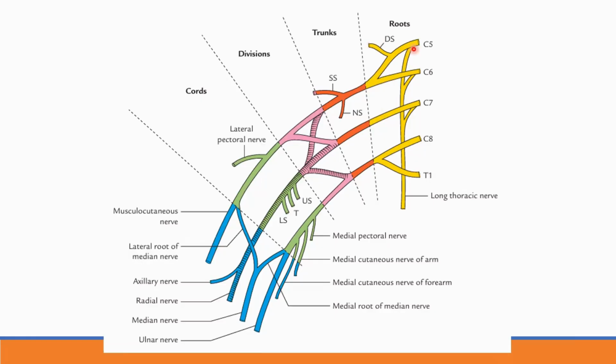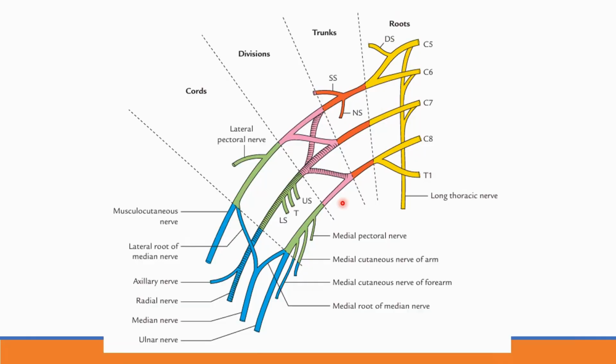And from C5, C6 and C7, there is one more branch called long thoracic nerve. These 2 branches are coming directly from the roots. From the trunks, only from the upper trunk, you can see 2 nerves coming out: nerve to subclavius and suprascapular nerve.